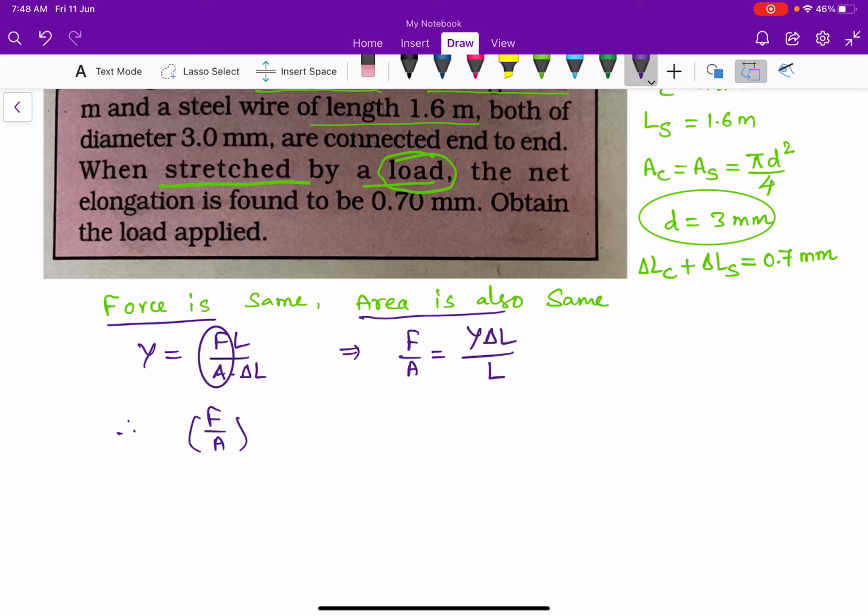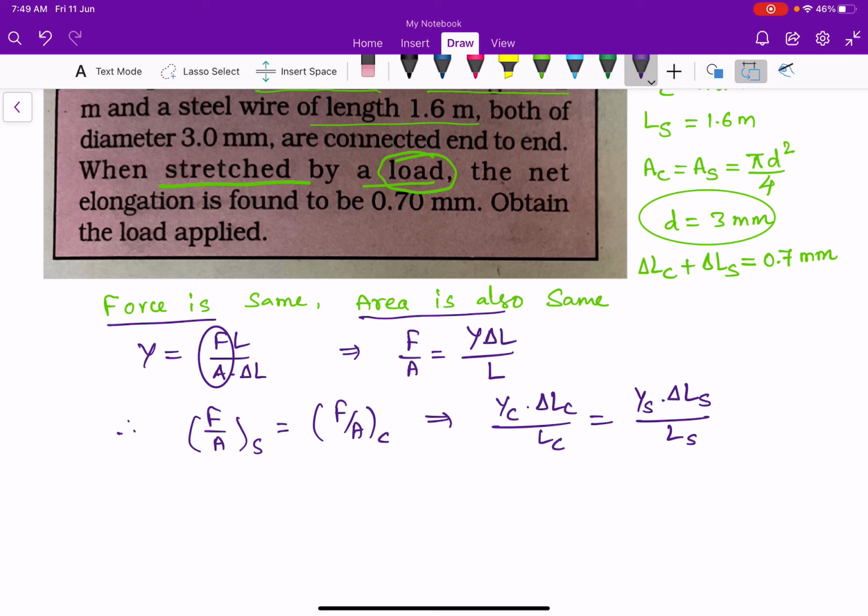Force per unit area of steel is equal to force per unit area of copper. That is YC into delta LC by LC is equal to YS into delta LS divided by LS. I have equated them.